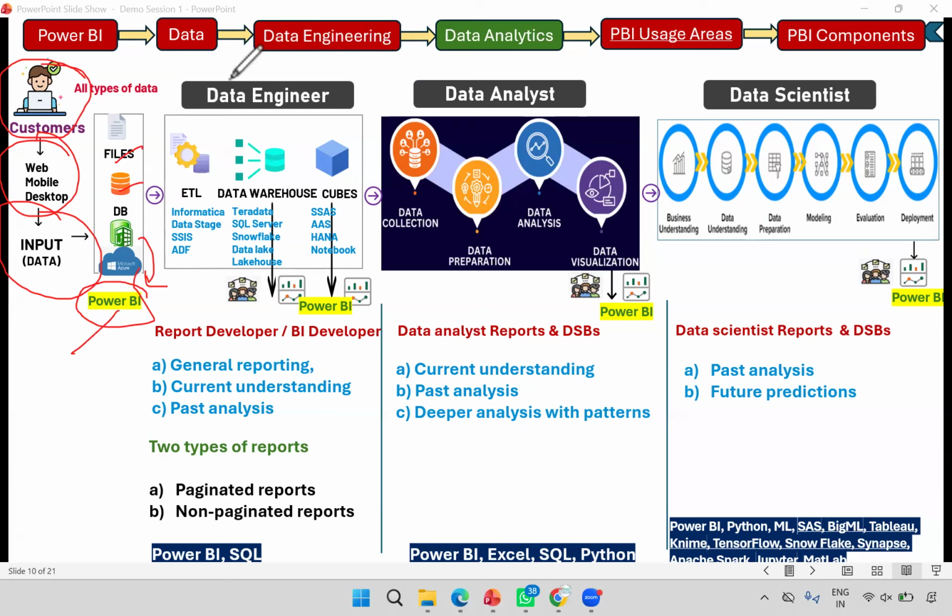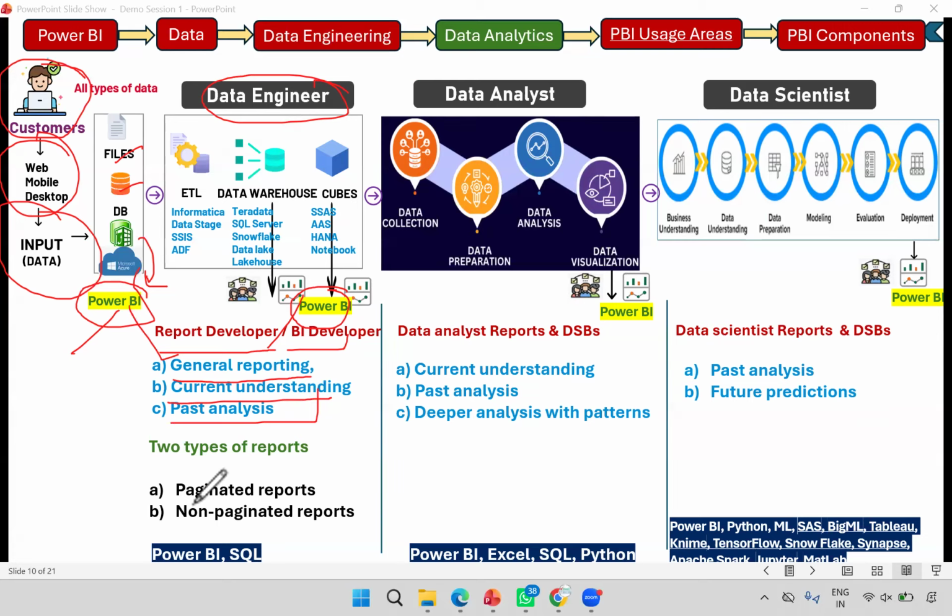And some people do the data engineering process and then use Power BI. So these people are called report developers or BI developers. They work on general reporting, past analysis, and current data understanding. So mostly in these two areas, general reporting, current understanding, past analysis, we use Power BI. Though you're working with multiple tools and technologies, Power BI is required here.